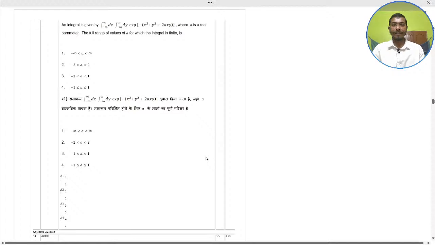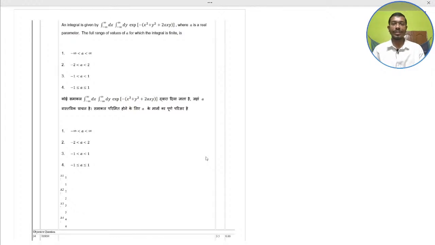an integral is given, where a is the real parameter. The full range of values of a for which the integral is finite is what? This is coming from the Jacobian transformation, mathematical physics, very important concepts. The given part x square plus y square plus twice a x y is a positive quantity, greater than 0.